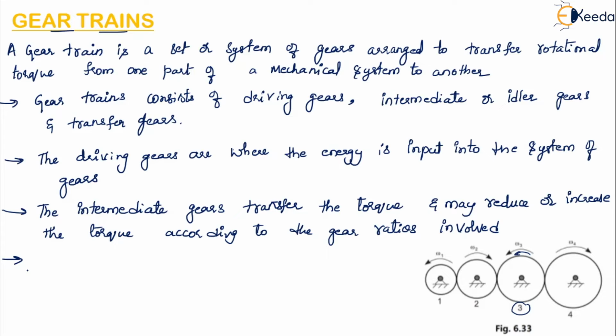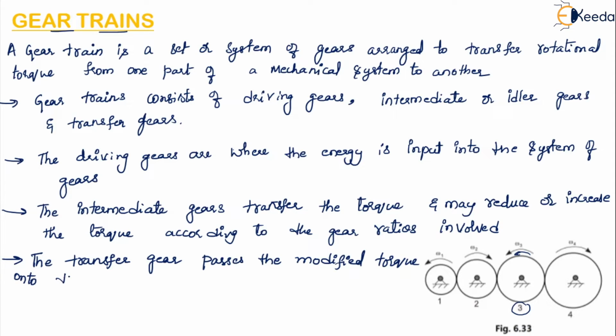wheel, a winch, a counter, or any other thing that needs power. So what is the function of the transfer gear? The transfer gear will just pass. As the name indicates, it will just transfer the modified torque, which means the torque obtained from the intermediate gear, on to the next component.